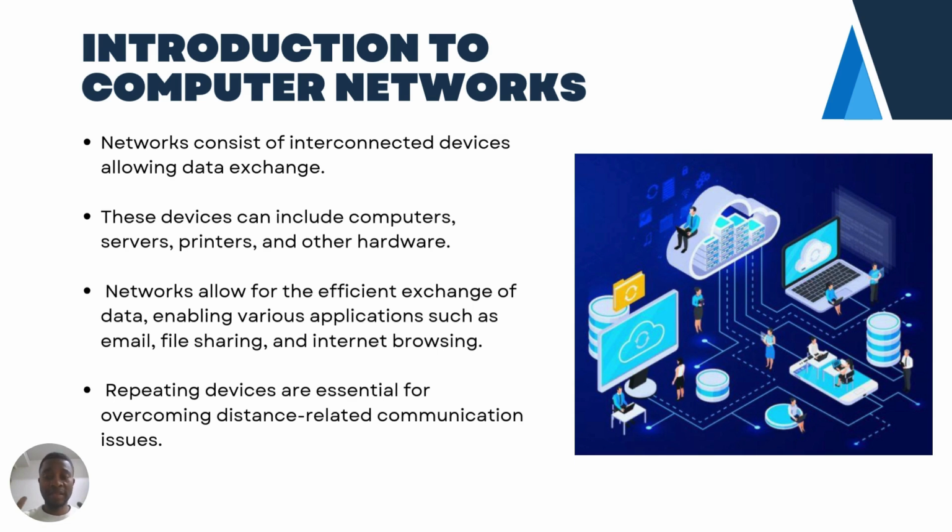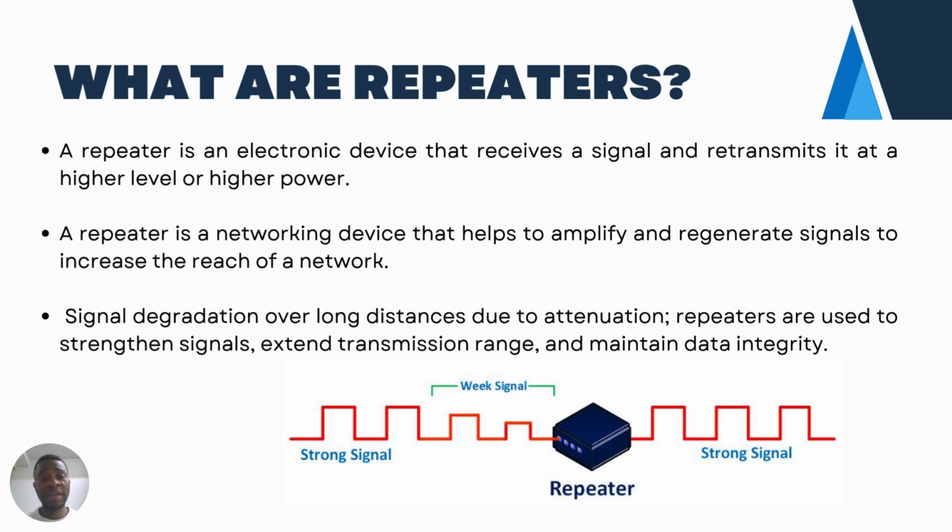As I said, they consist of interconnected devices like computers, servers, and printers that communicate using specific protocols. In the computer networks field, repeating devices are essential for overcoming distance-related communication issues. In the next slide, I want to explain what repeaters actually are.